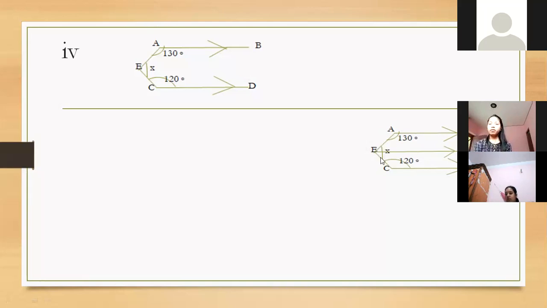Now what happened here? This angle X is divided into two angles. When you find this upper angle and this lower angle separately, we can add these two angles to get the value of X. Okay, children?